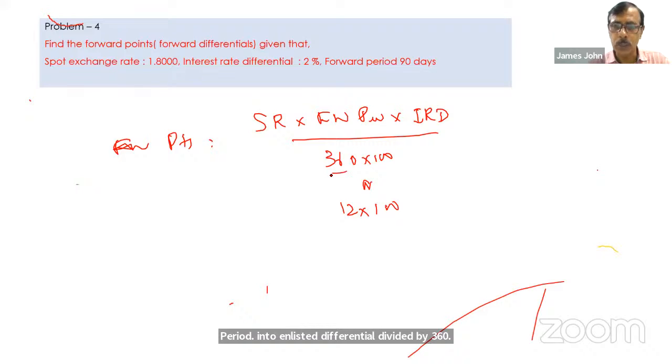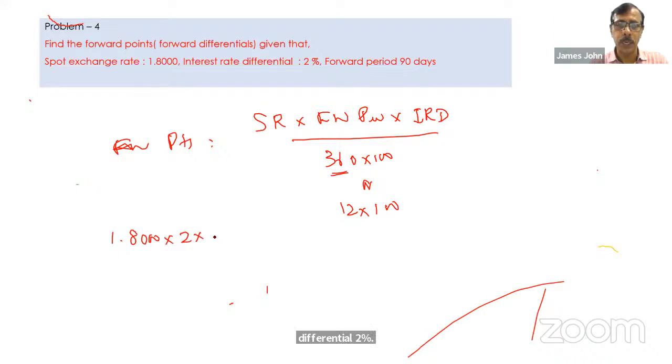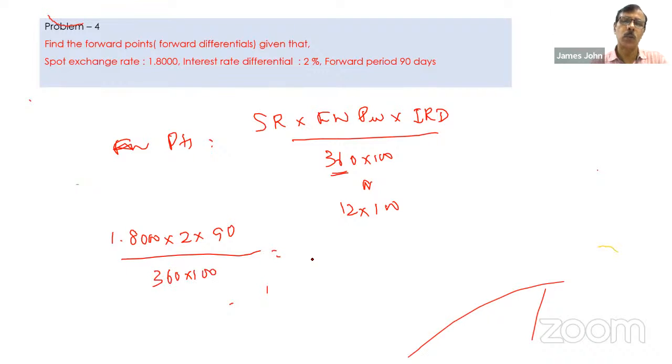When do we use 360? When the forward period is in days. When do we use 12? When the forward period is given in months. Here the spot rate is 1.8. Applying the formula, it is 1.8 into interest rate differential 2%, into forward period 90 days, divided by 360 into 100. This will be the forward points.